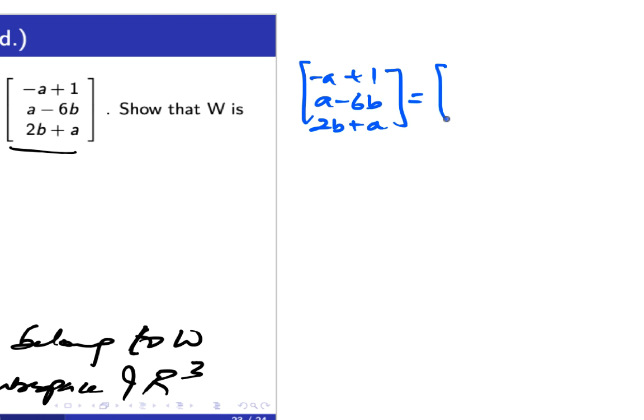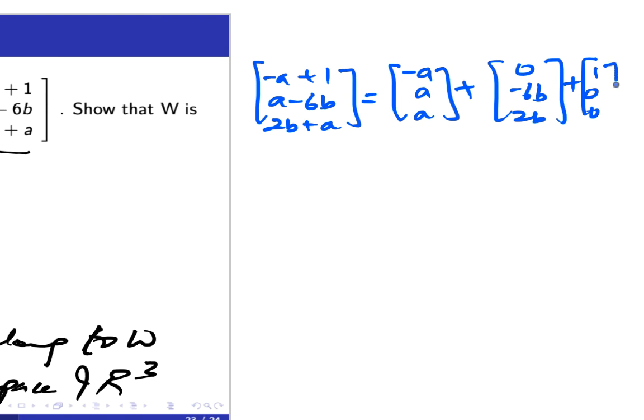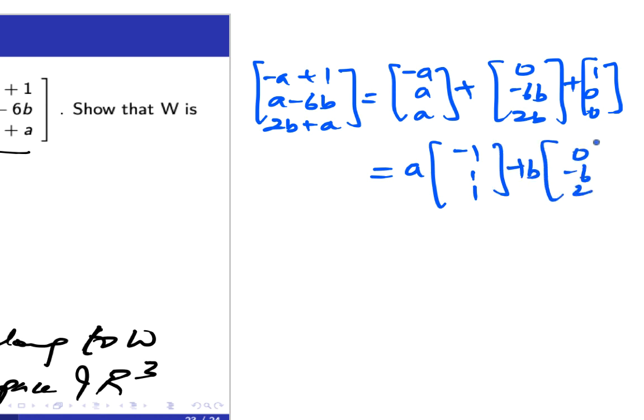The first thing is I can write all the A's together, minus A, then all the B's together, 0 minus 6B, 2B, but I'm missing a 1, that's plus 1, 0, 0. So this is A times minus 1, 1, 1, take the B out, 0, minus 6, 2, plus 1, 0, 0.